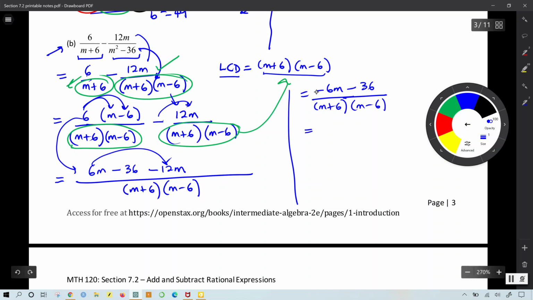And the top we can factor into negative 6 times m plus 6, divided by m plus 6 times m minus 6. So we cancel out the common factors, and we have a final answer, which is negative 6 divided by m minus 6.